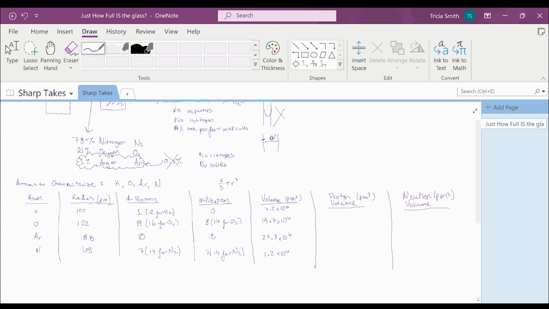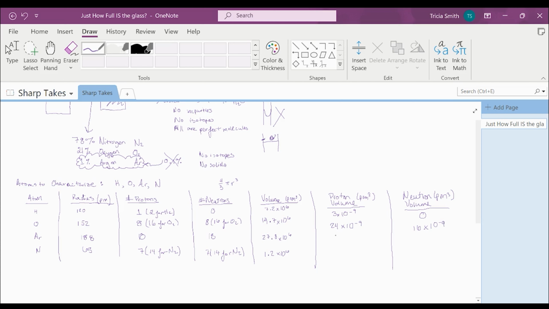For hydrogen, we have a total proton volume of 3 times 10 to the negative 9, and there's nothing for neutrons. Oxygen, we have 24 times 10 to the negative 9 and 16 times 10 to the negative 9 for neutrons.